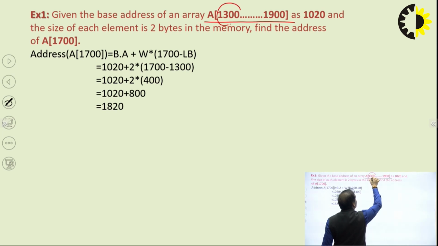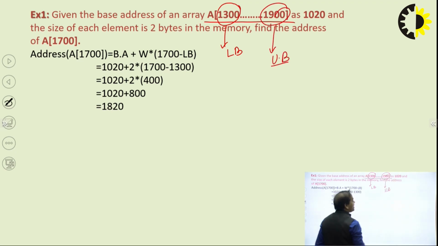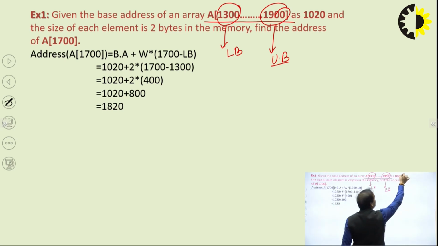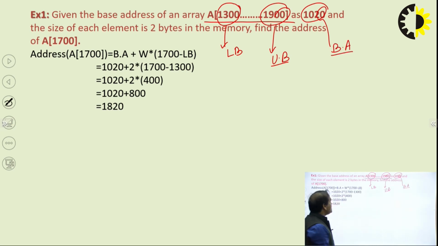According to the question, this is the LB and this is the upper bound UB. 1020 is the base address, and the size of each element is 2 bytes, and this is W.